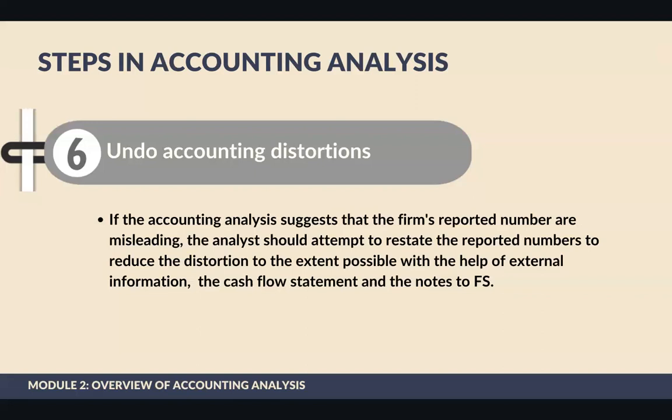For example, if an analyst is concerned that the firm is aggressively capitalizing certain costs that should have been expensed, the information in the cash flow statement would provide us with a basis to make the necessary adjustments. But miss, how? So, in your balance sheet, definitely you would see an increase in the assets because the costs have been capitalized.